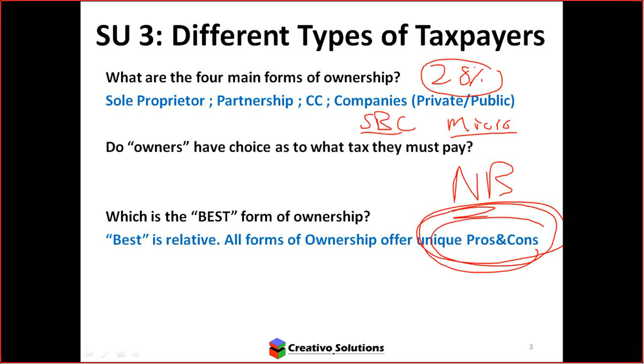So if a company generates R1 of income or revenue, 28 cents of every rand is going to go to SARS in the form of company tax. And now that can be quite problematic for smaller businesses. Imagine you're running a small business and you're going to have to pay 28% on everything from the first rand that you earn. That can be quite challenging for businesses.